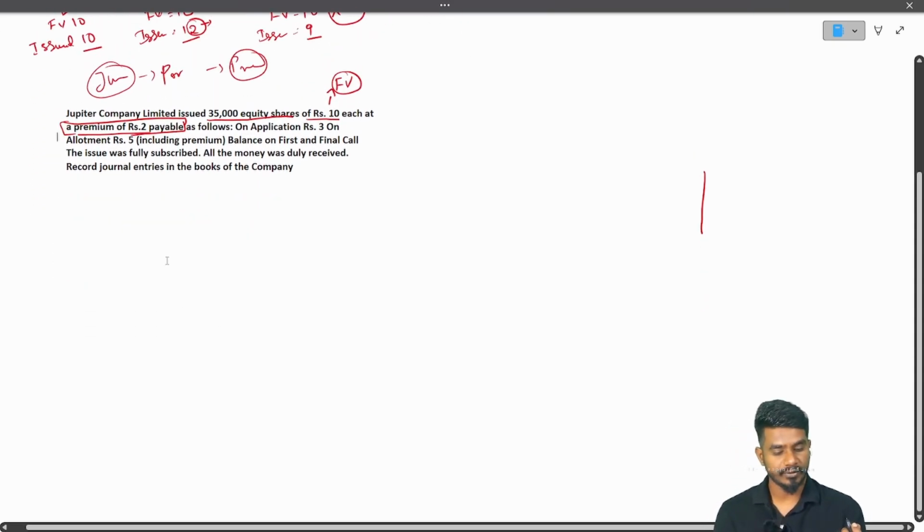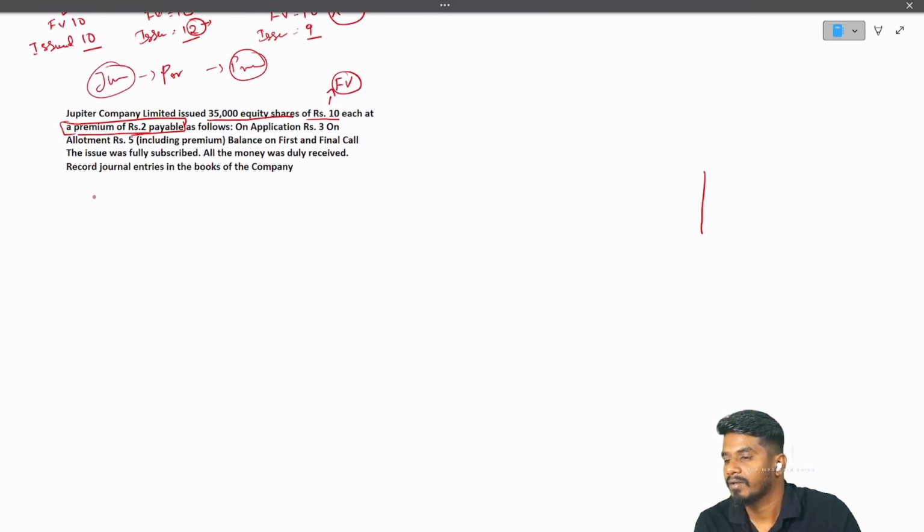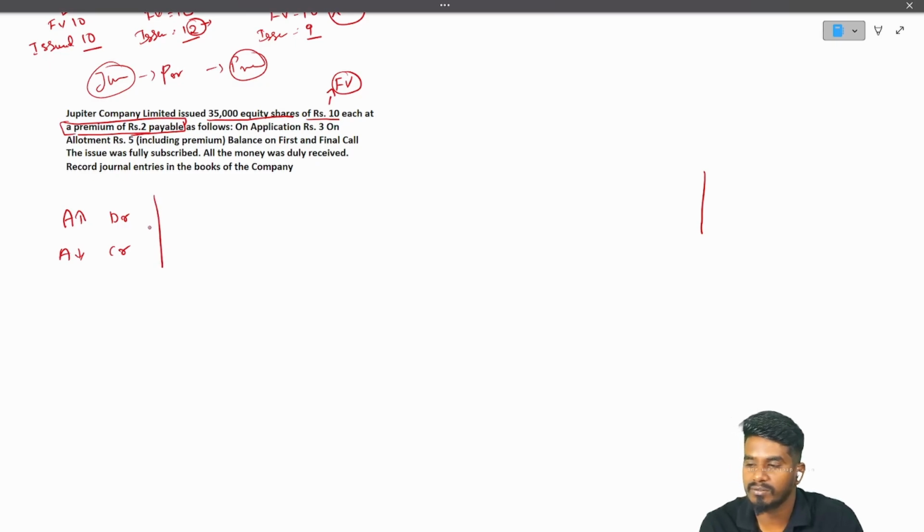Before starting, we need to understand the modern rules. So what are the modern rules? In modern rules, if an asset increases, we need to debit. If an asset decreases, we need to credit. I have taught this in the basics only, so still I am recalling it.